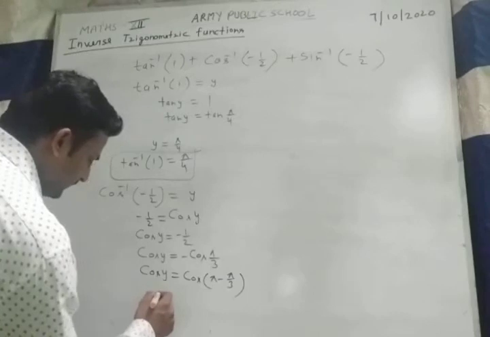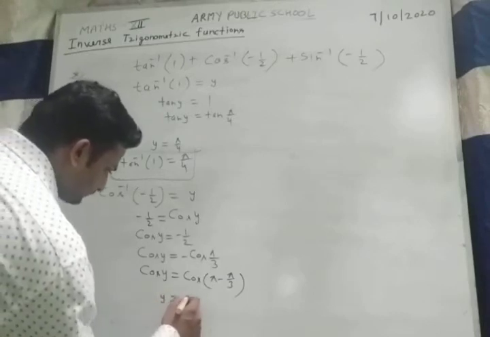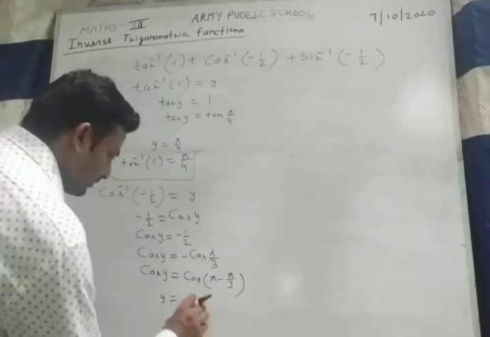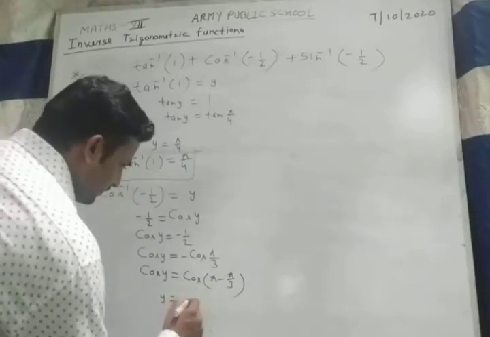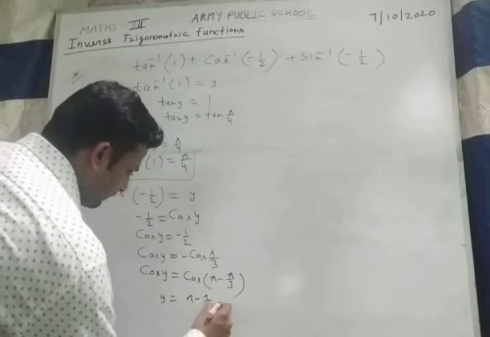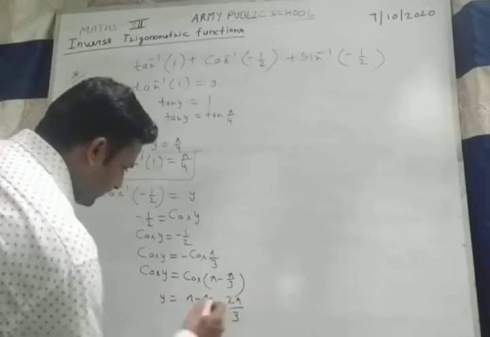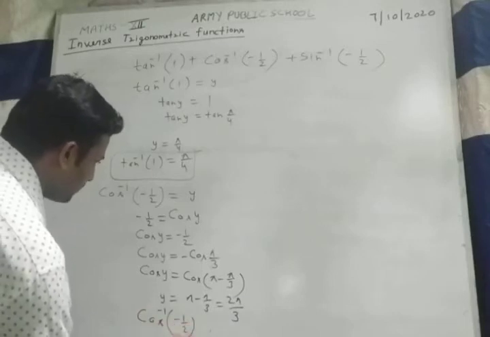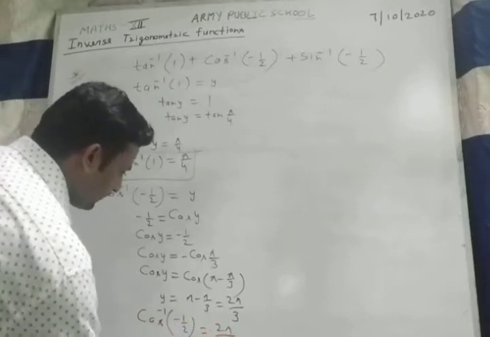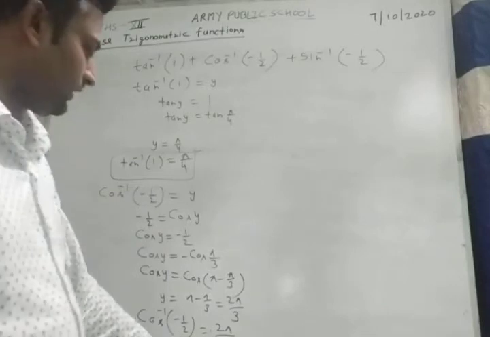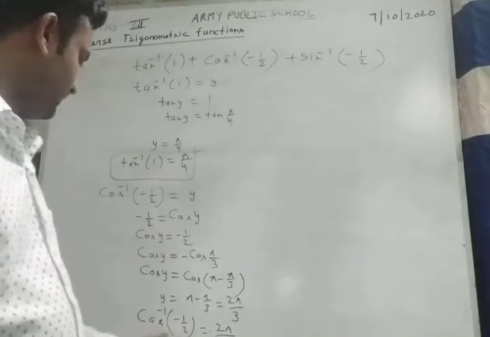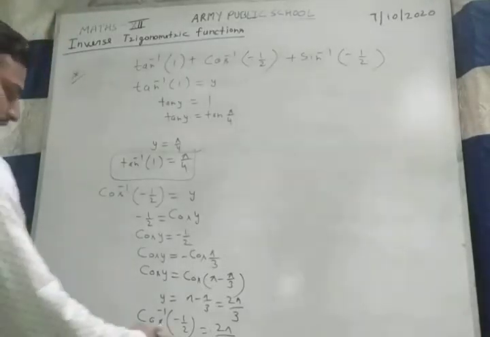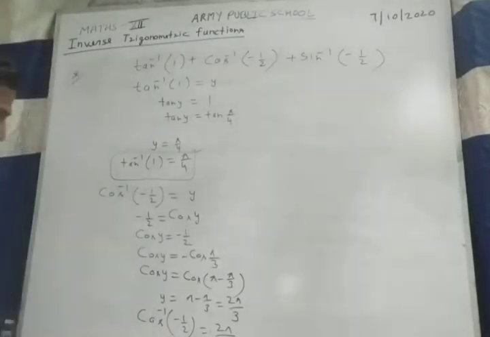So here we are getting y is equal to pi minus pi by 3, which is 2 pi by 3. So cos inverse minus 1 by 2 is equal to 2 pi by 3, and this 2 pi by 3 lies between the principal value branch of cos inverse. So the value of this is equal to this.